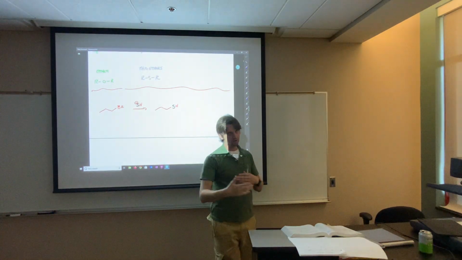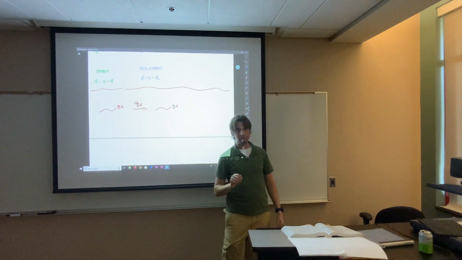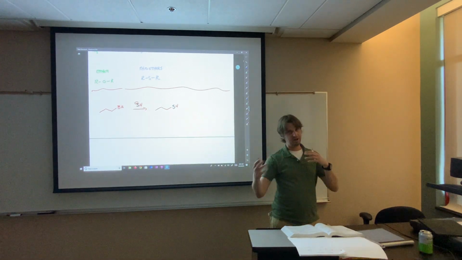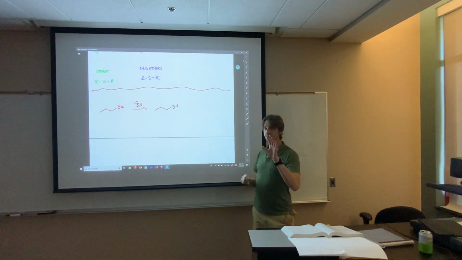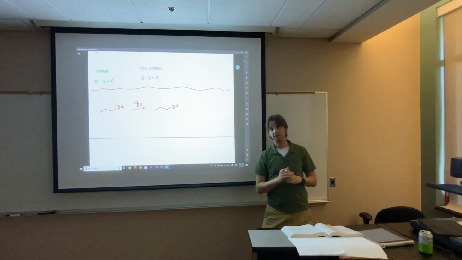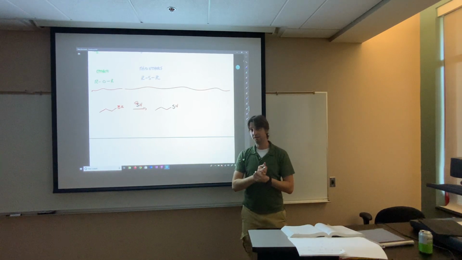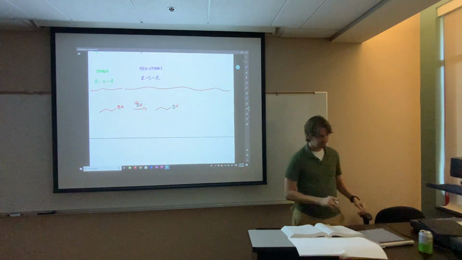There's all this idea that's going on behind the scenes, and it all comes down to how negative is that negative. Is it spread out? Is it localized? And all these kind of things that come along with that. But the point being this, sulfurs with a negative charge are excellent nucleophiles. They will prefer to go through substitution mechanisms rather than eliminations.